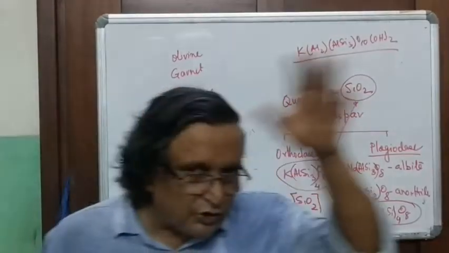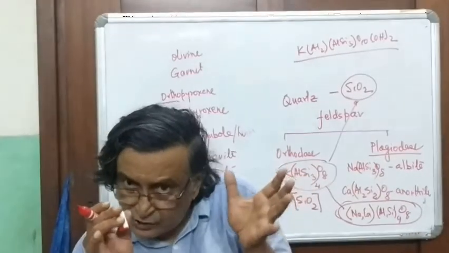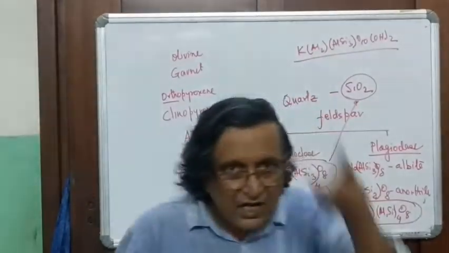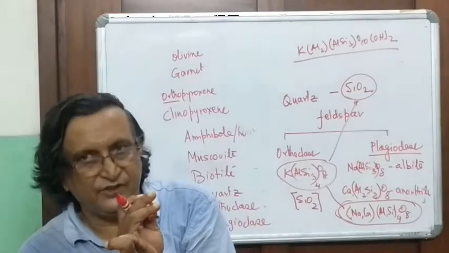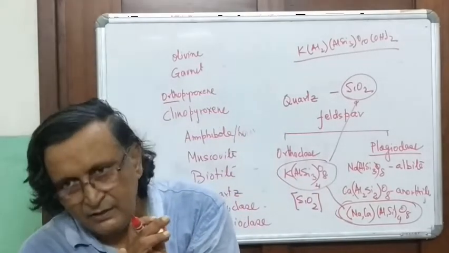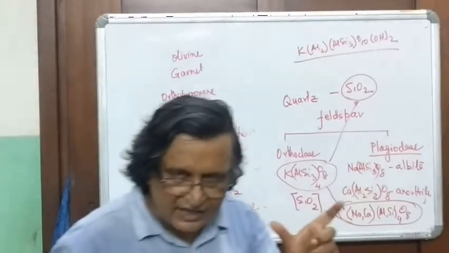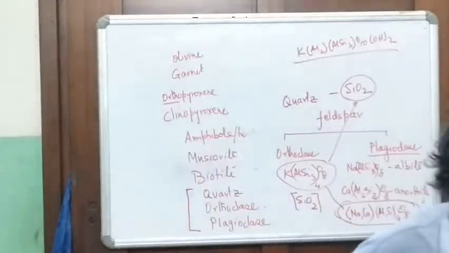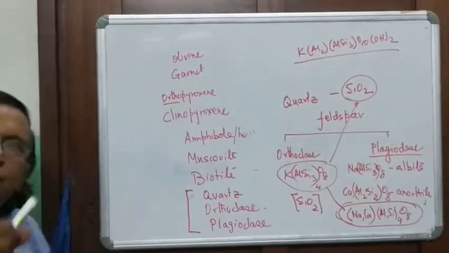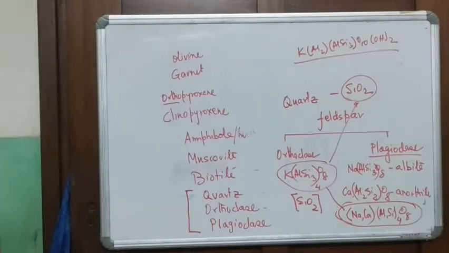That means if you go back to the periodic table, you have aluminium and silicon, but the other elements that dominate the crust are potassium and sodium, the alkali elements, and calcium, the alkaline earth element. Other elements come in much smaller abundance.